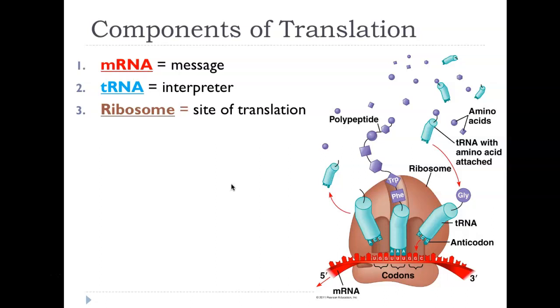The eukaryote mRNA had to be processed. Then it leaves the nucleus and gets translated at the ribosome, and tRNA is the interpreter. If you look at this picture on the right, the ribosome is the brown thing, tRNA is the green, the growing polypeptide is the purple, and the red is the mRNA that's getting translated.